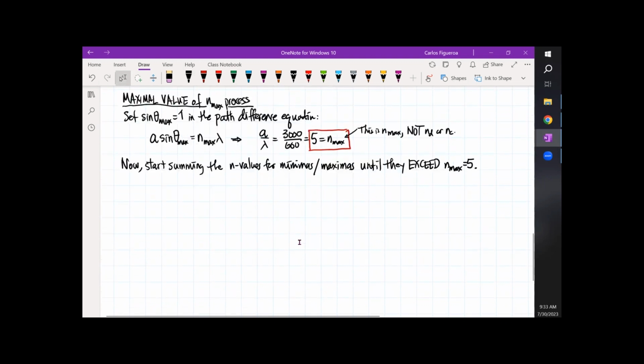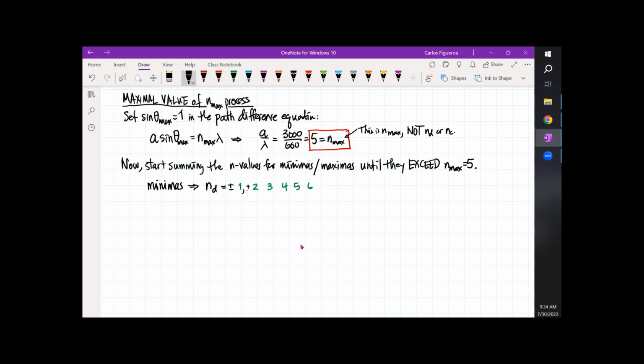So here we go. I'm going to go minimas. That implies that I have Nd. So then I start to look at the possible values. I'm going to have plus or minus 1, 2, 3, 4, 5, 6.